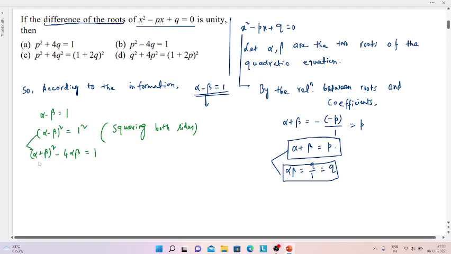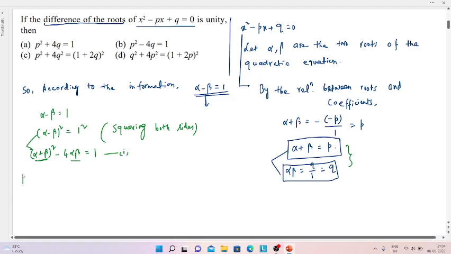So here you can see that the sum of the roots is there, the product of the roots is there. We already have the values of alpha plus beta and alpha beta. So we can plug in these values in this equation, right?